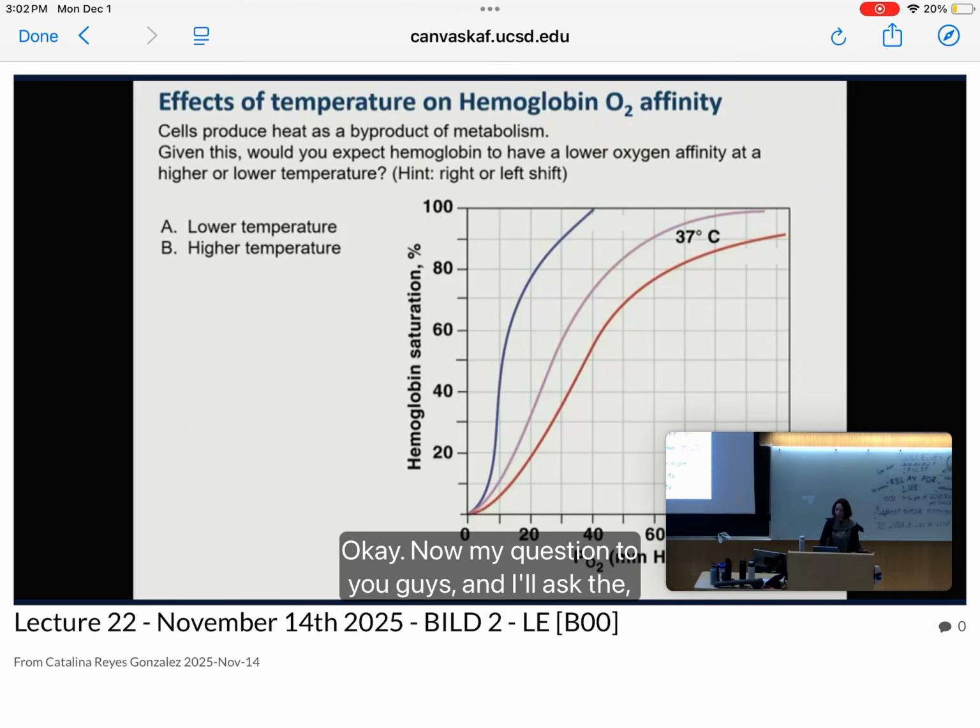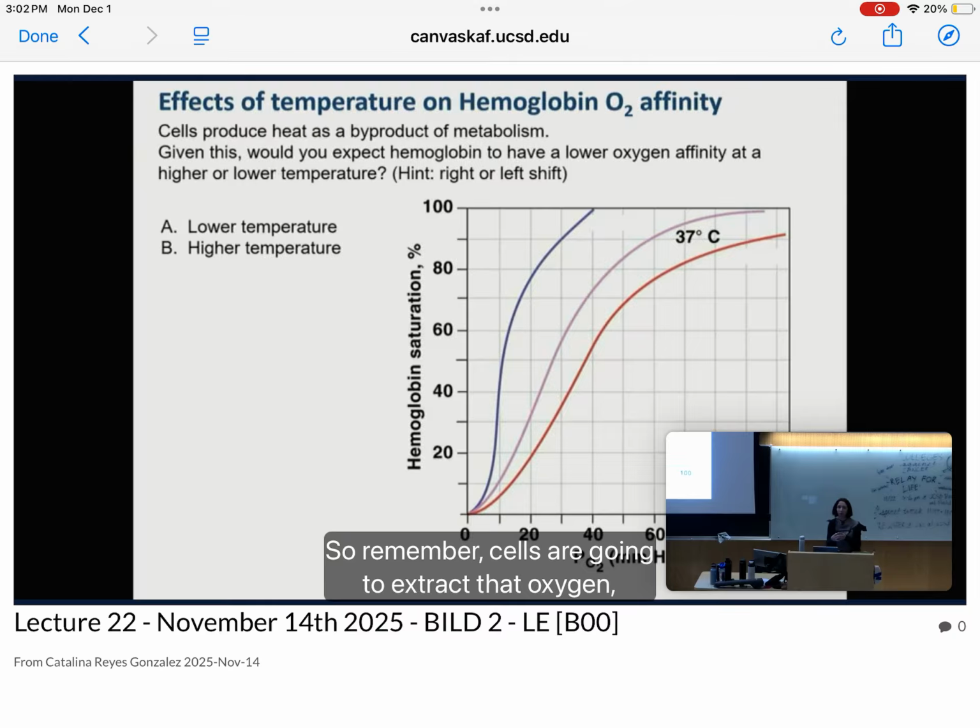Okay. Now my question to you guys, and it's a little bit more complicated, an extra thing to think about. I told you at the end of that recording that cells produce heat as a byproduct of metabolism, right?